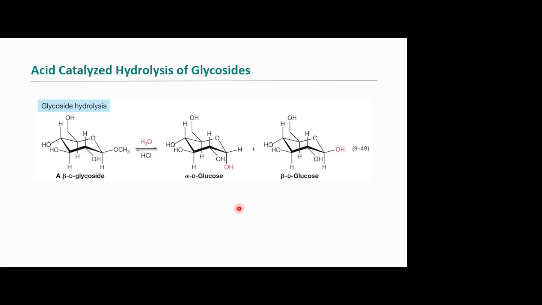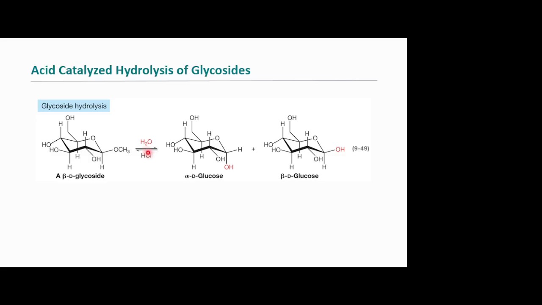All right. So these are the glycoside hydrolysis reactions, in case you're wondering. So in the presence of water and an acid, it can also be done in a basic environment, but acid is going to be the more likely environment because you'll do it in your stomach, okay? And in your saliva. That's why your fingers get sticky. So this is glycosidic hydrolysis. We're going to have the beta D glycoside, and we're going to add water under acidic conditions.